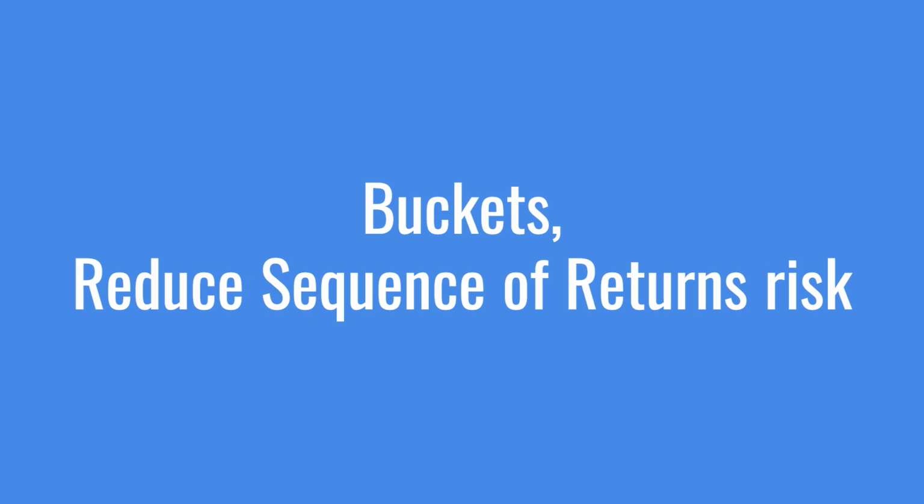So the sequence of returns risk is minimized in this particular approach. Hope you understand. So it has a reduced sequence of returns risk. You let your equity grow for 5 to 7 years, and in the meanwhile you are withdrawing from the short term bucket. I hope I'm making sense.